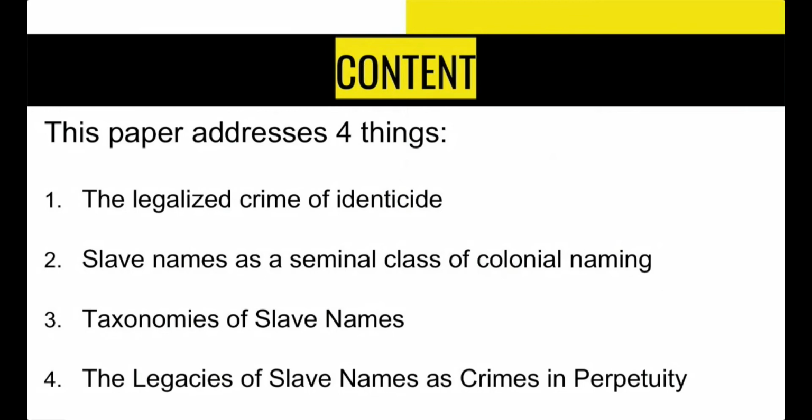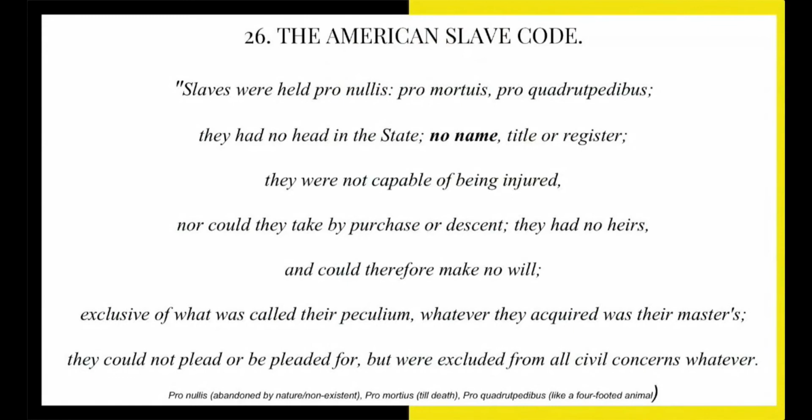But this paper will speak about four things: the legalized crime of identicide, slave names as a seminal class of colonial naming, taxonomies of slave names, and the legacies of slave names as crime perpetuity.